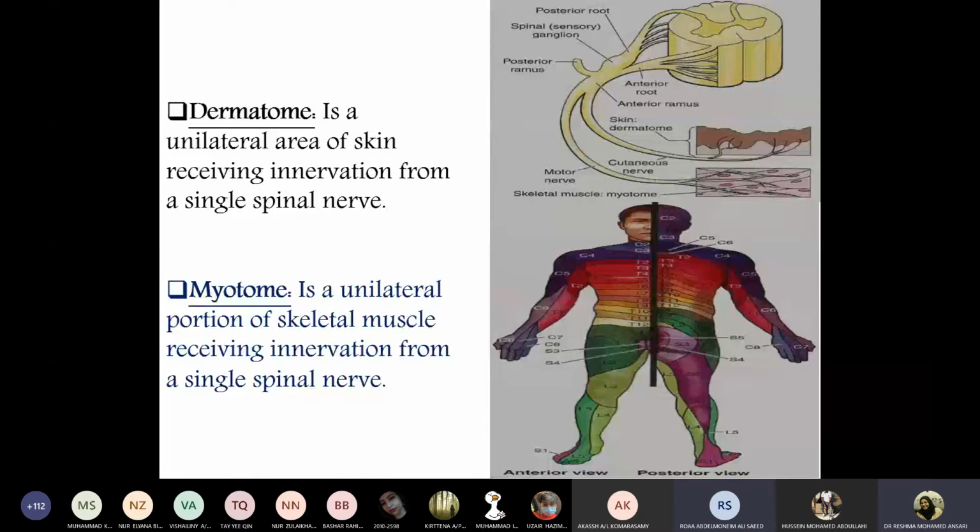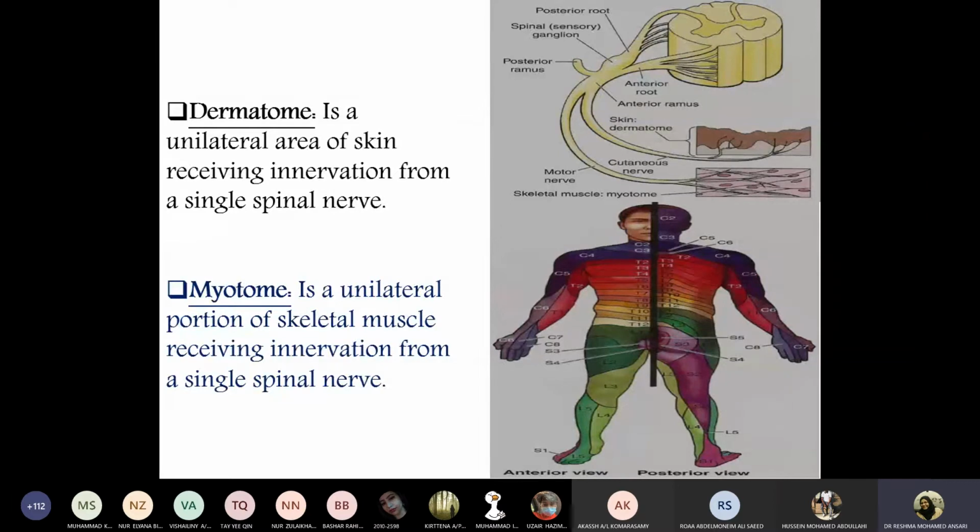So a dermatome is the single area of skin which receives innervation from a spinal nerve. Derma means skin. That's why we call them dermatologists. Myo means muscle. It is a part of a skeletal muscle, not smooth muscle, which receives innervation from a single spinal nerve.